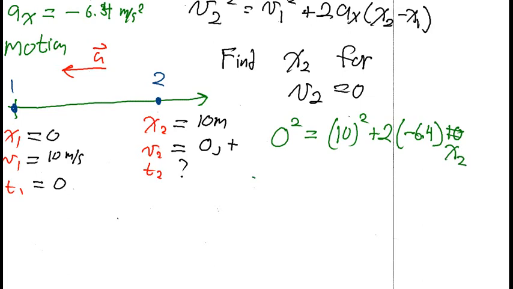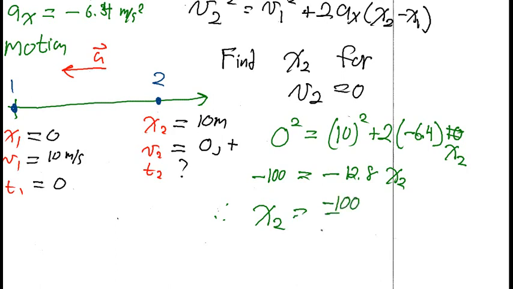Alright, so if I take the 10 squared to the other side, I get negative 100 is equal to negative 12.8 times x2, so therefore x2 equals negative 100 divided by negative 12.8.